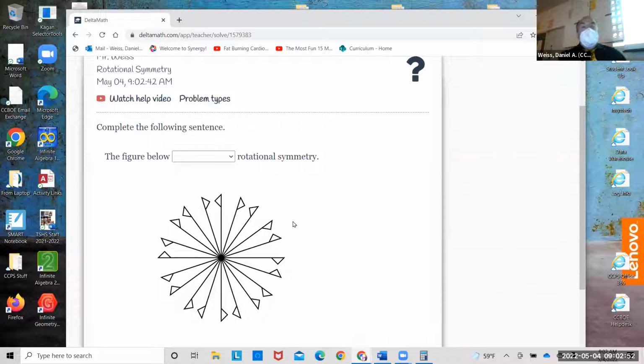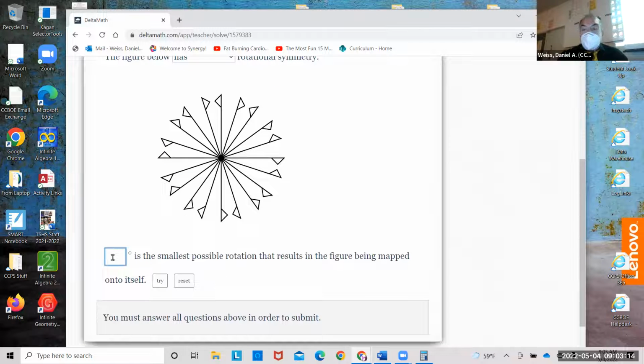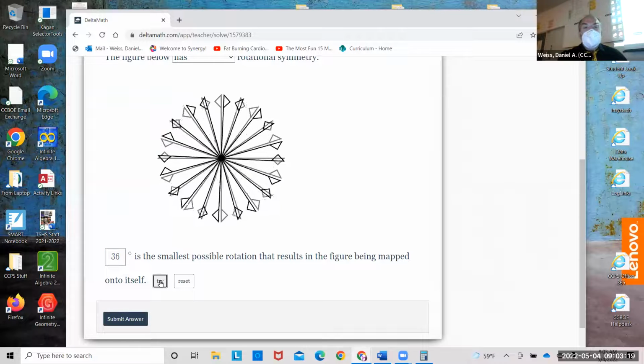Now, I'm going to say this one has rotational symmetry, but I'm not going to count each one of these flags. But I'm going to count by twos. Here's 1, 2, 3, 4, 5, 6, 7, 8, 9, 10. 360 divided by 10 is going to be 36. Here's why. 36 degrees. Watch what happens.